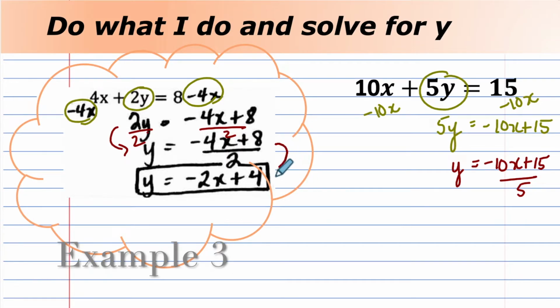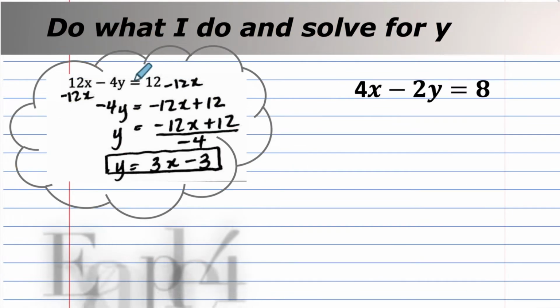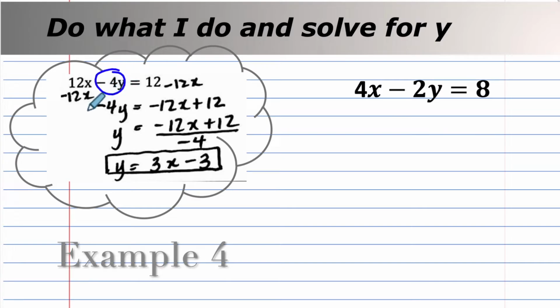Okay, from there to here, I skipped a step. You might want to show that negative 10x over 5 plus 15 over 5 is the same thing as negative 2x plus 3. And y is by itself there. Now it looks like I went to subtract 4x from both sides.